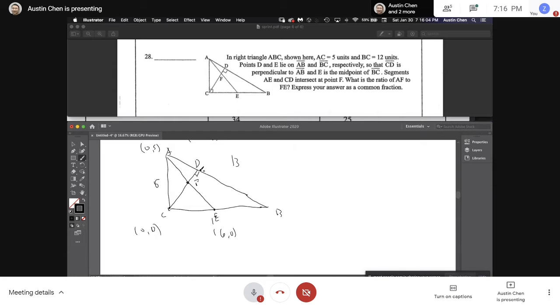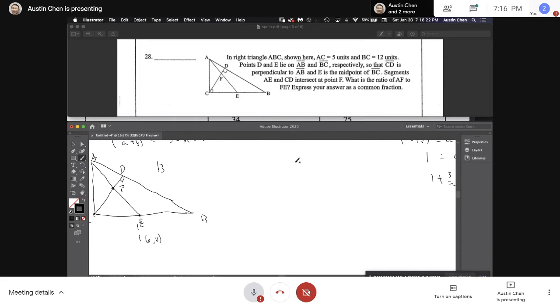How we can find the coordinates of D is to find the length of segment CD, right? By finding the area of the triangle in different ways with different heights and bases.